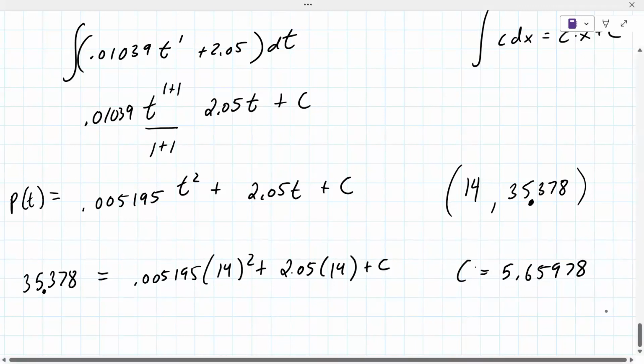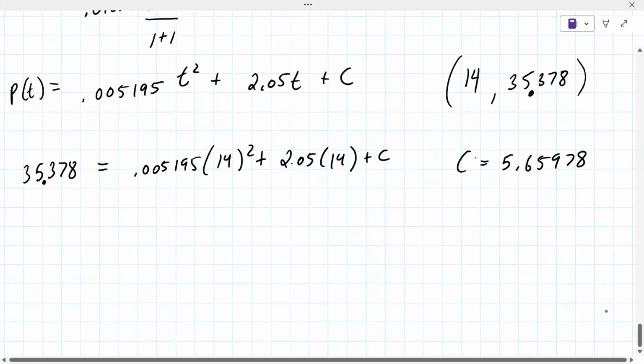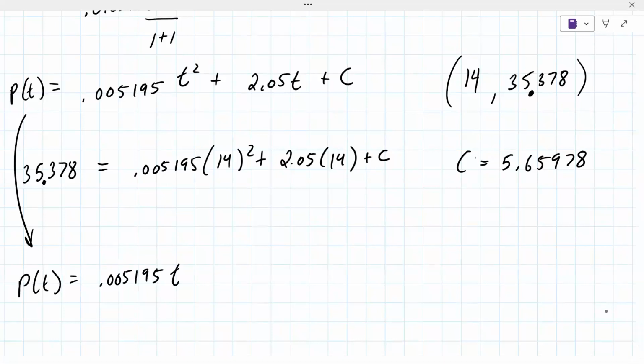5.65978. So the answer to that first box there, the P of T, is 0.005195 t squared plus 2.05 t plus 5.65978. I was looking to see if it was allowing you to round it, but it does not appear to want you to do that.